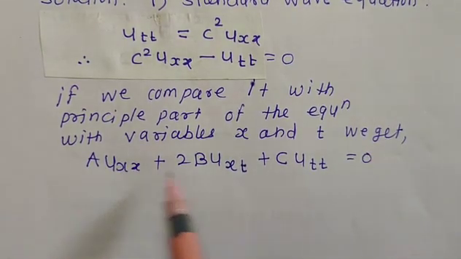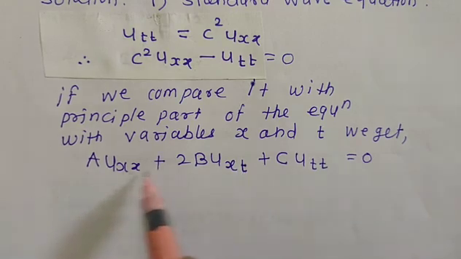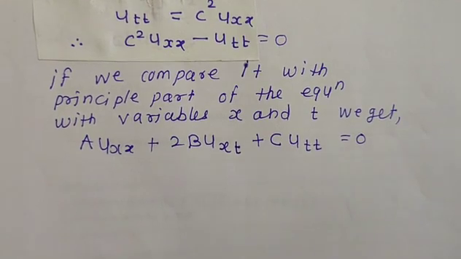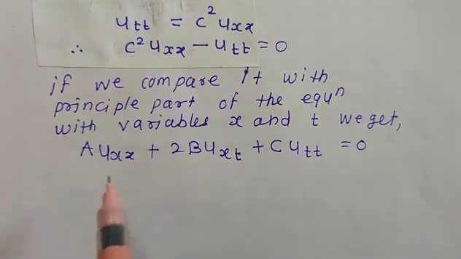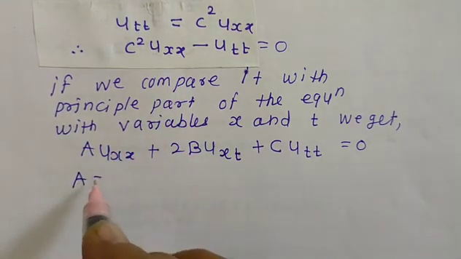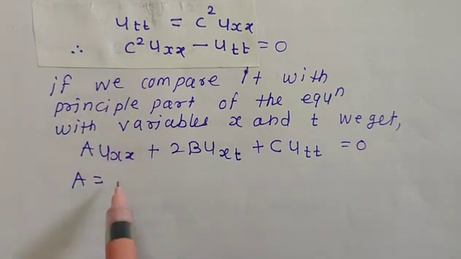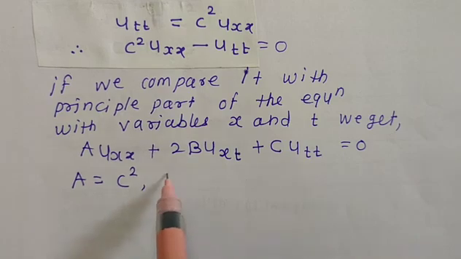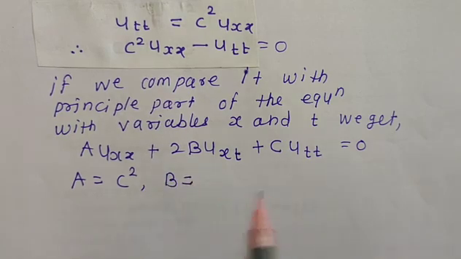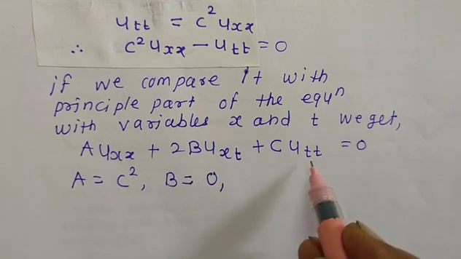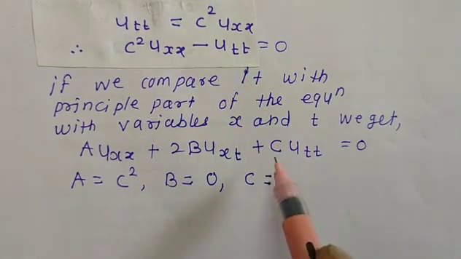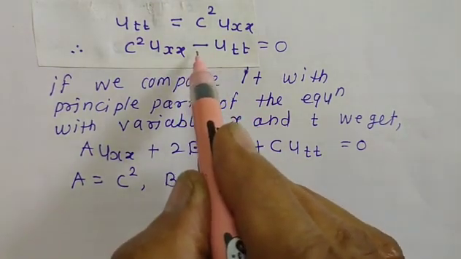When variables are x and t, then this is the principal part of the equation. Okay. Now if you compare this with this, you will get A is equal to c square, B is equal to, here xt term is absent, therefore B is equal to 0 and for utt, C is equal to minus 1.